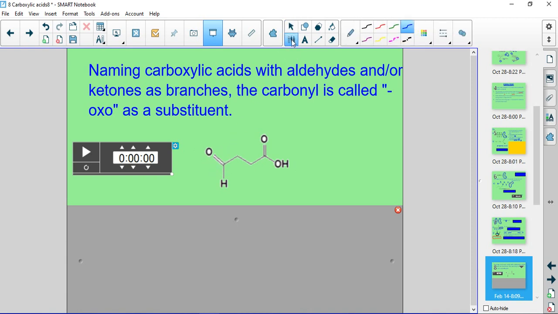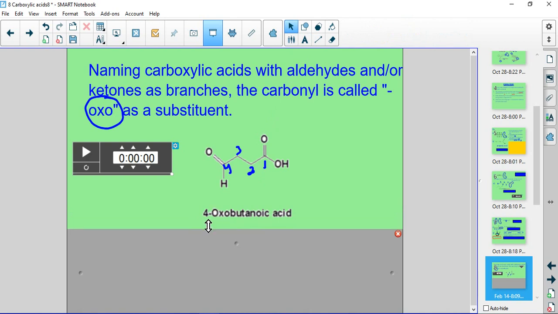It's not going to be one or al as you would expect for a ketone or an aldehyde. Instead, and I apologize for this, I didn't make up these rules, it's going to be oxo. So this has to be carbon 1, therefore 2, 3, and 4. Off the 4th carbon, we have an oxo that exists off of butane, but we change butane to butanoic acid, put those together, and this is what you get, 4-oxobutanoic acid.